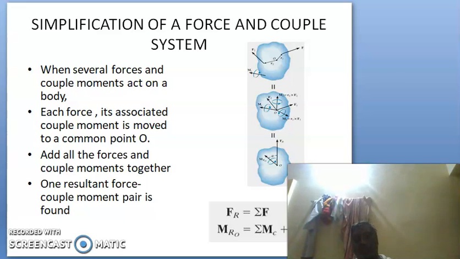It is also given at the bottom: F resultant is equal to sigma F, and M resultant about O, where O stands for the point about which we consider moment, is equal to the sum of all the moments plus the sum of all the moments about O.